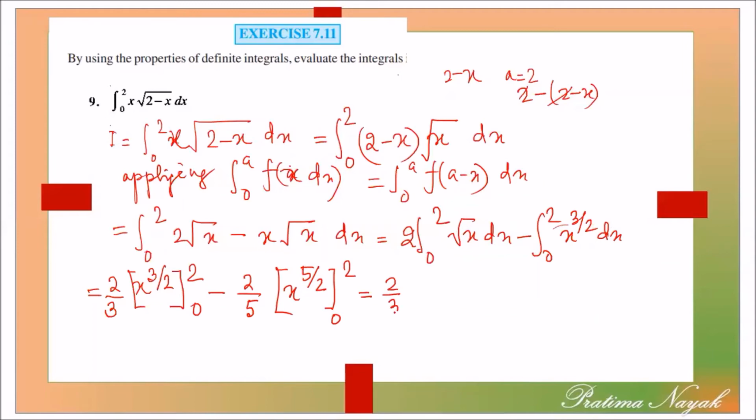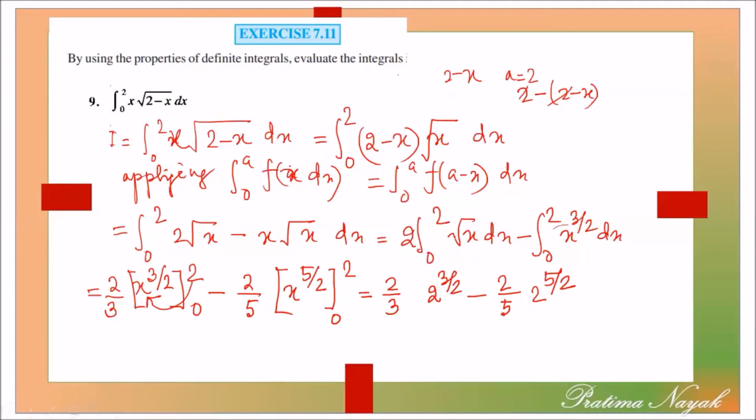2 by 3, first we'll put x is equal to 2. So 2 to the power 3 by 2, minus 0, I am not writing. 2 to the power 5 by 2. Now 2 to the power 3 by 2 into 1.